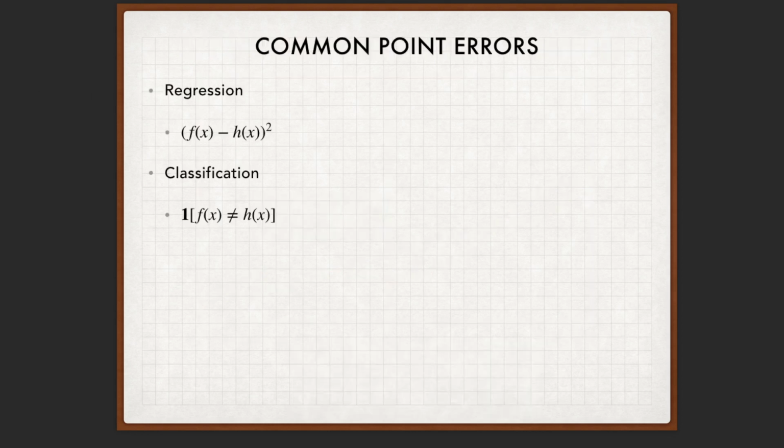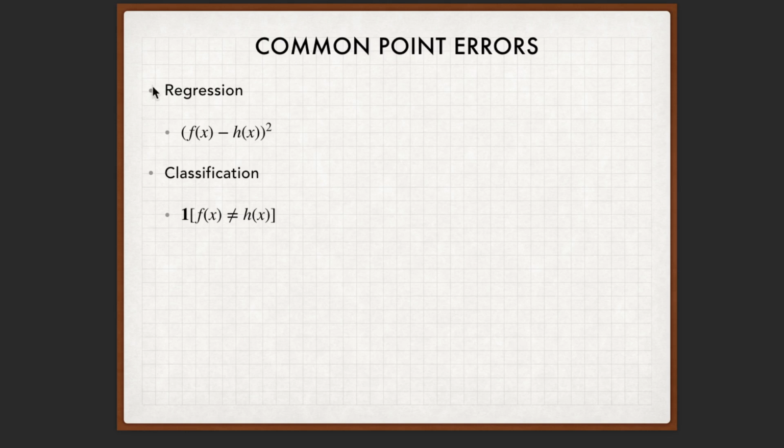So there are some commonly used point-wise errors. For example, when the task is a regression task, that is, the target value of interest is some real value, we can use squared error between the desired value and the predicted value at a point.